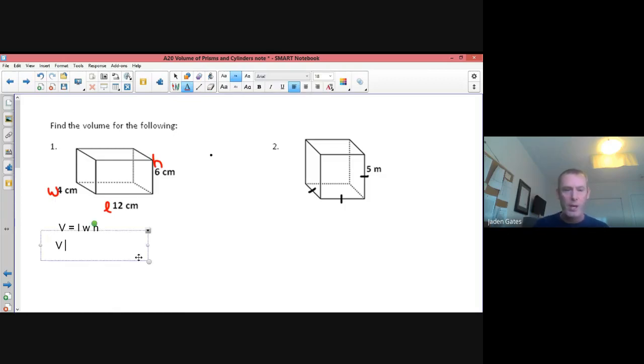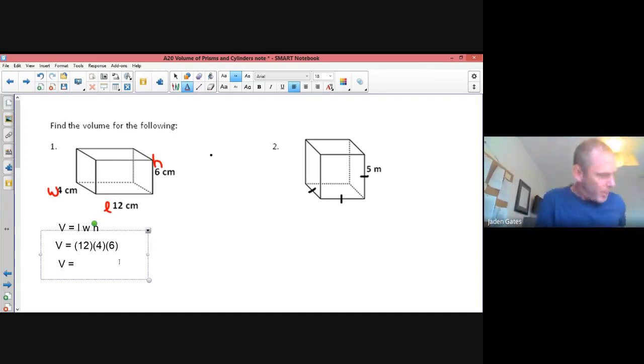So V equals my length, 12, times my width, 4, times 6, which I get by looking at my diagram, which is great because I labeled it. This formula is great because all I have to do is multiply the 3 numbers I have. Let me grab a calculator.